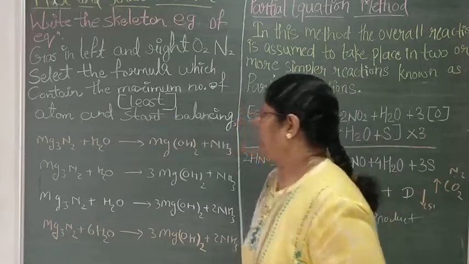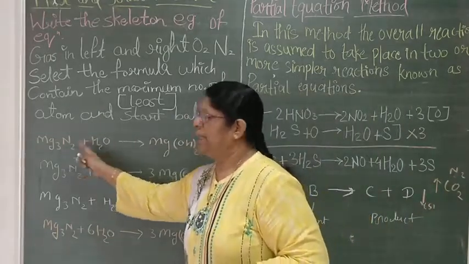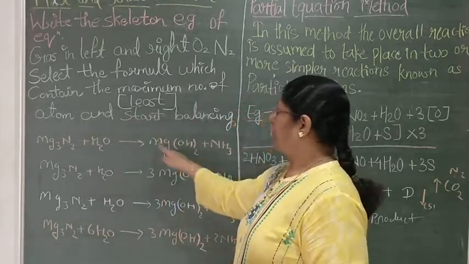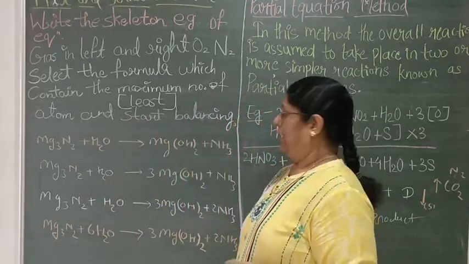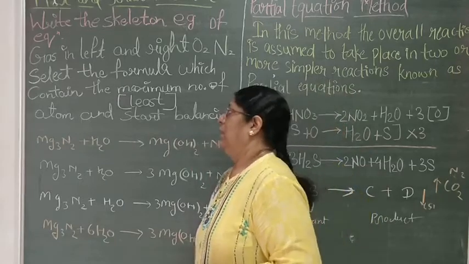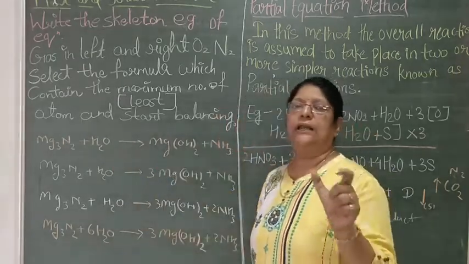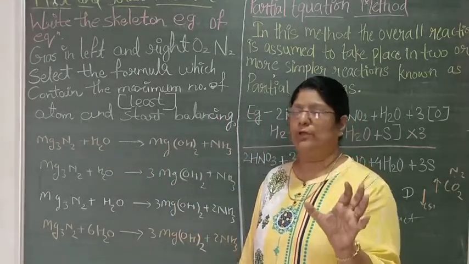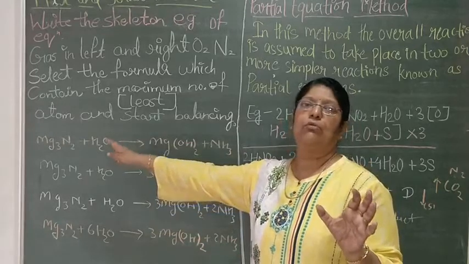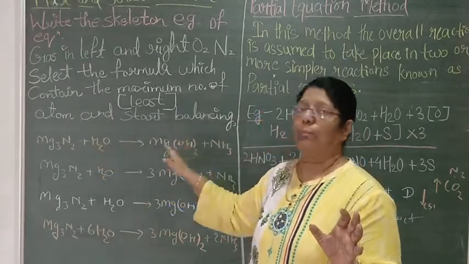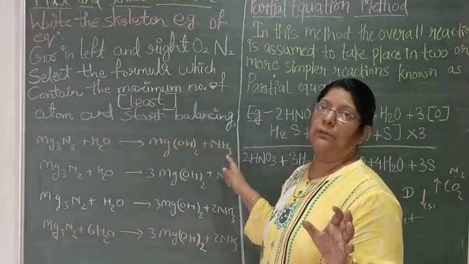I have taken one example: Mg3N2, magnesium nitride, reacting with water, H2O, forming magnesium hydroxide, Mg(OH)2, and ammonia, that is NH3. The basic rule is that whatever elements and atoms are on the right side, the same number of atoms must come on the left side.